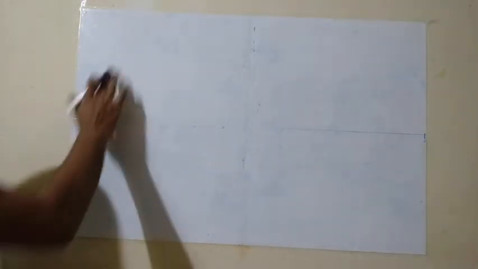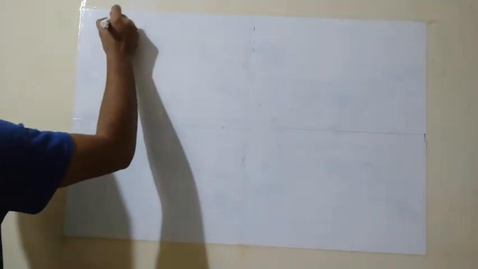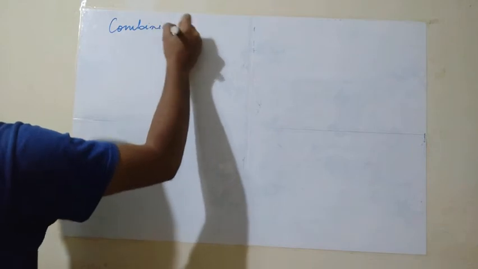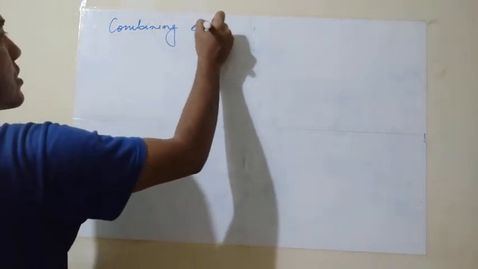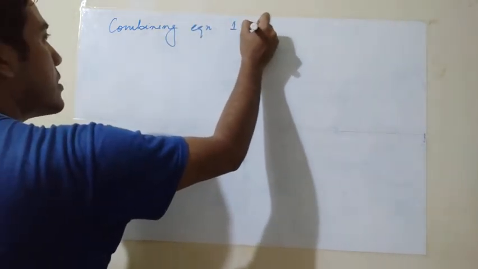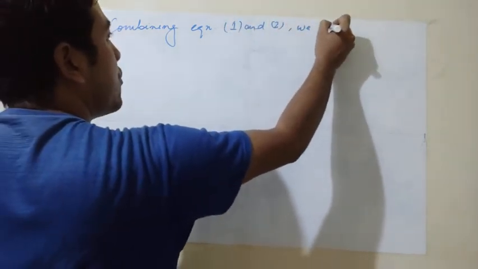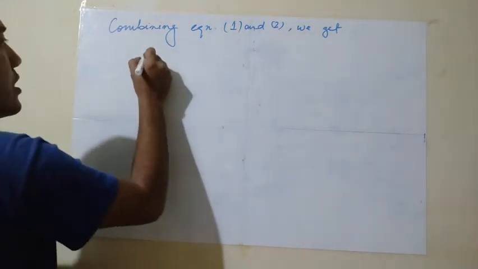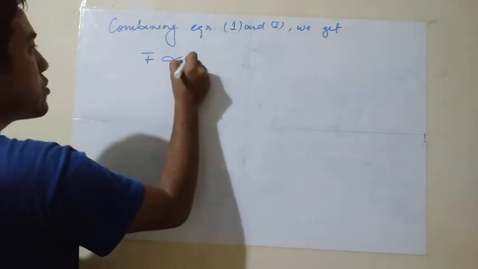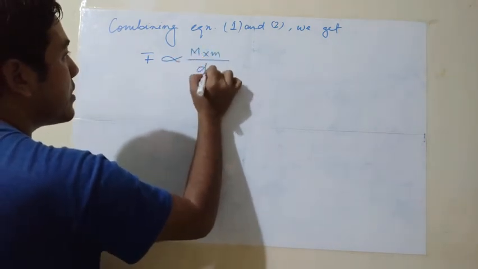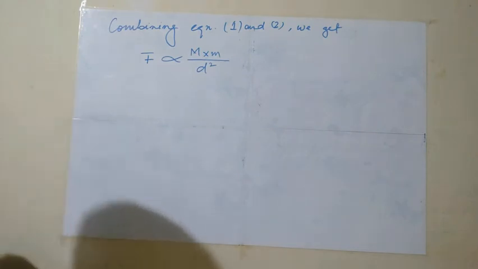Now see, next is combining. Combining equation 1 and equation 2, we get, if we combine equation 1 and 2, we will get what? F is proportional to M into M by d square, right?